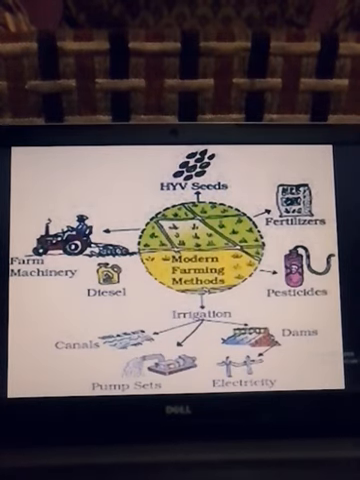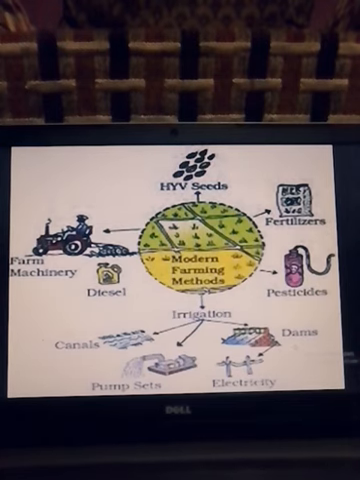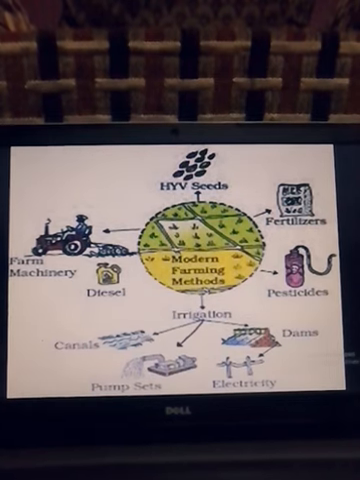Irrigation, canals, you need water for the crops. A pump set is there where, if the water is less, through the hand pumps they drain more water, and these are the dams, and electricity. Through electricity, all these things are being used. So this is the modern method of farming. Pesticides, fertilizers, HYV seeds, tractors, all these things are being used so that production can be increased more.